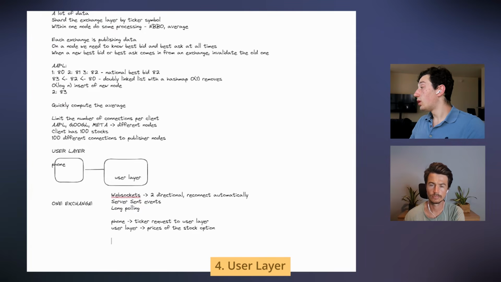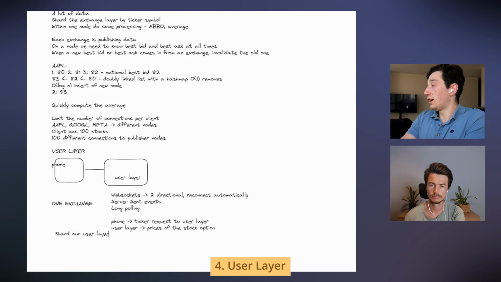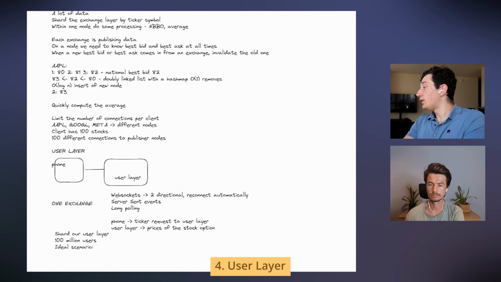And then ideally, it's important, yet again, that we shard our user layer, because we have 100 million users, and that's a lot of devices. So in the ideal scenario for sharding, we're horizontally scaling out. We have many different user layer servers, but ideally one user layer server would keep all of the common stocks between the users connected to it.